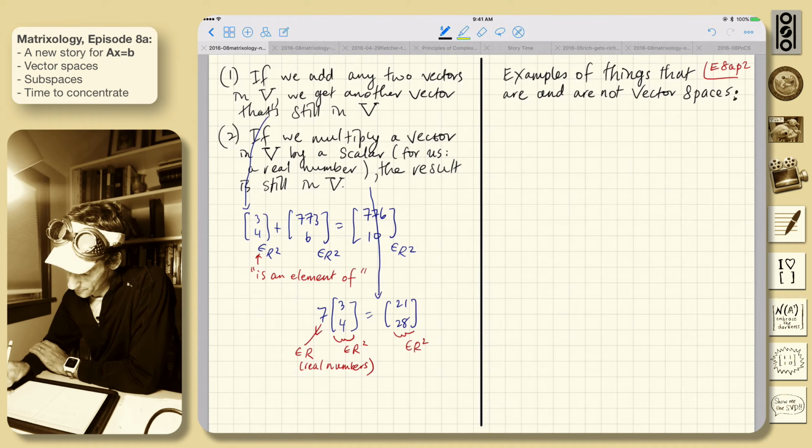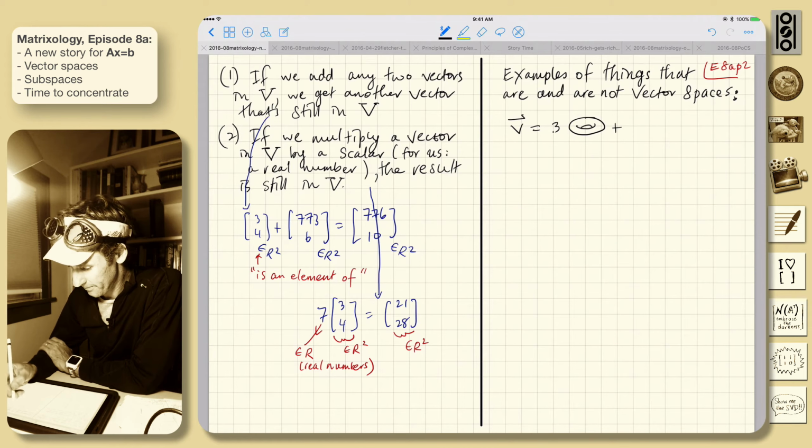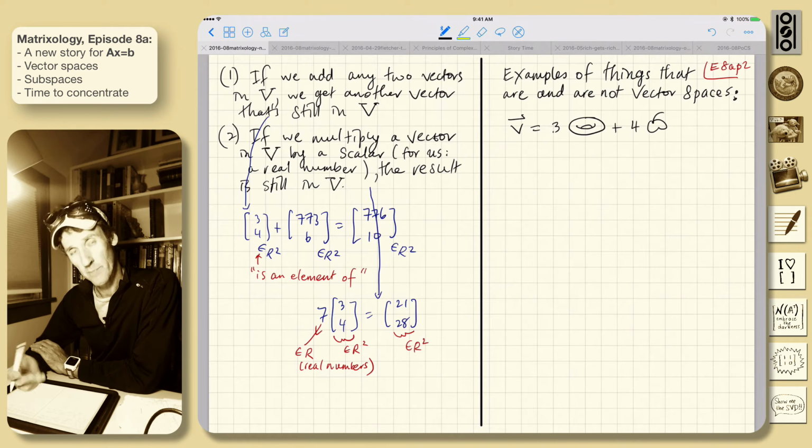So here's a few examples. Here's a fun one. Let's say our vector is just an example one: 3 donuts plus 4 apples. That's vector 1.